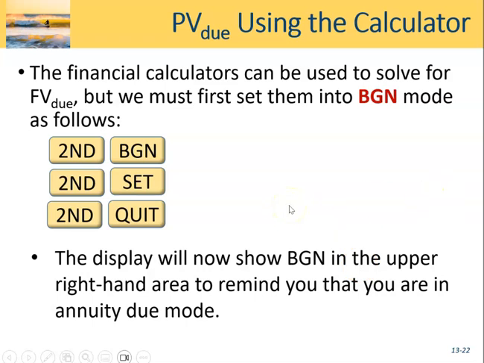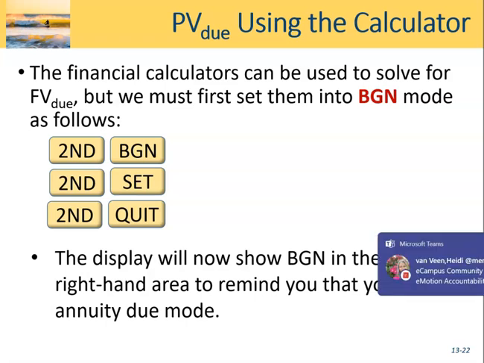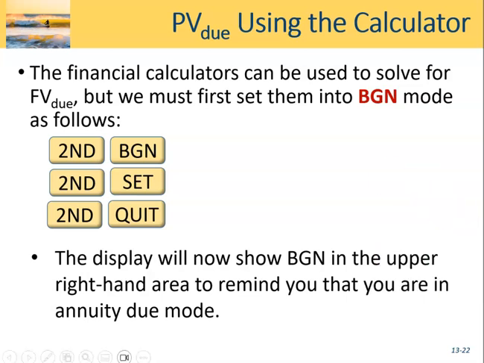So again, we need it in the beginning mode, but if you haven't changed it back, then it's still in the beginning mode from when we did the future value. Okay, so your display should have the BGN still on the screen. Sorry about that. Okay, so let's look.